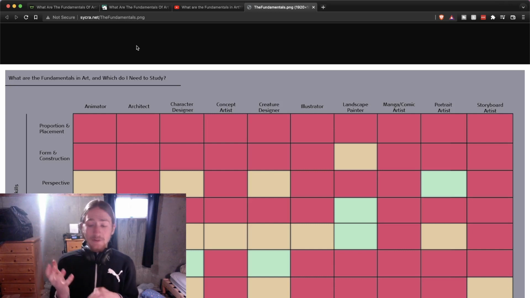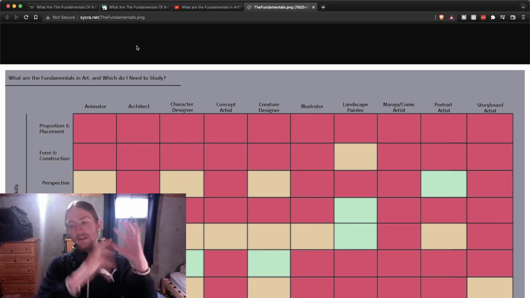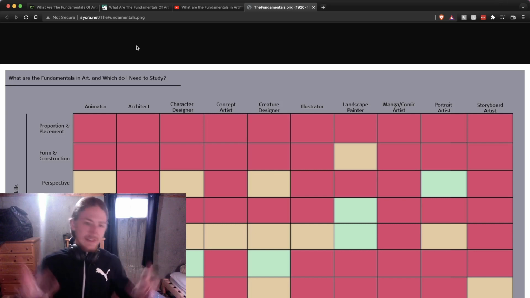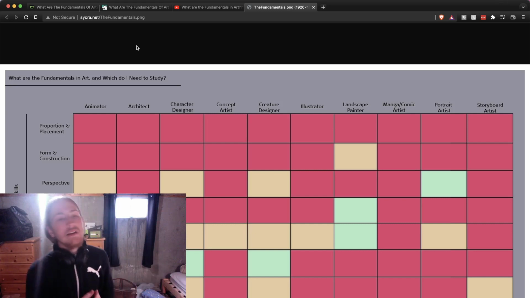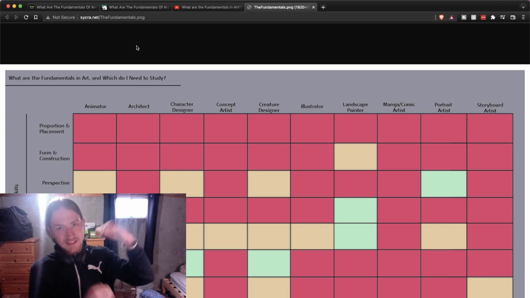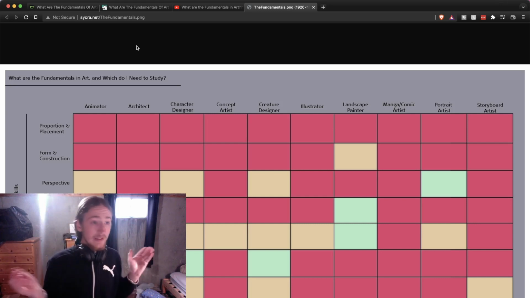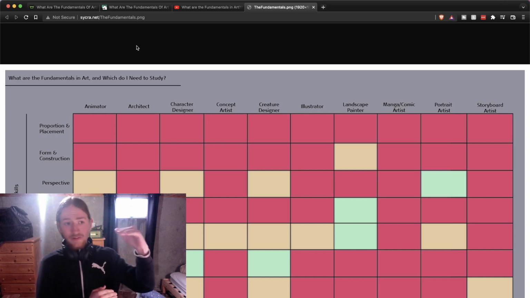Then there's value, which, once you understand the form, is shading that form and putting a light source in there and understanding how light interacts with stuff and different things. So those are the four main core fundamentals that everyone needs to know, from my understanding. No matter what you're doing, you have to know those four fundamentals.